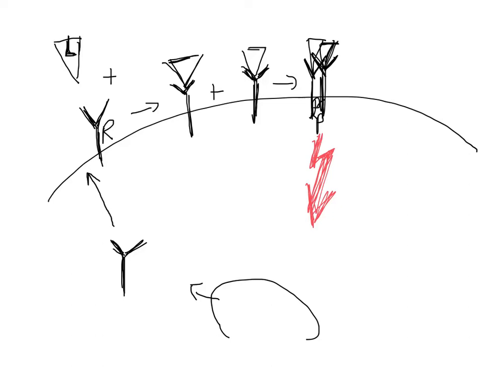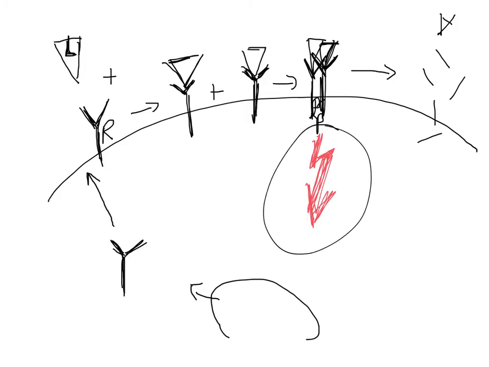And of course we don't want this switched on all the time. So what happens in the cell is that usually these receptors are somehow, by some mechanism, degraded. And also the ligand might be degraded, so they are all removed, and basically the system can start again. But the important thing was that the cell has received a signal.